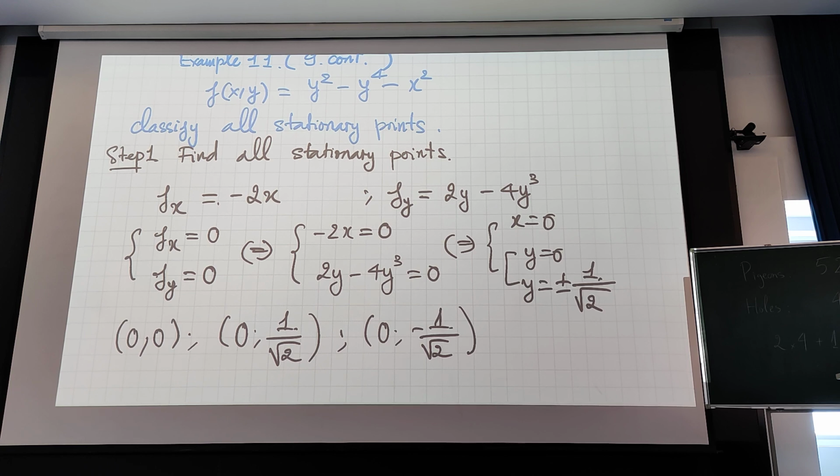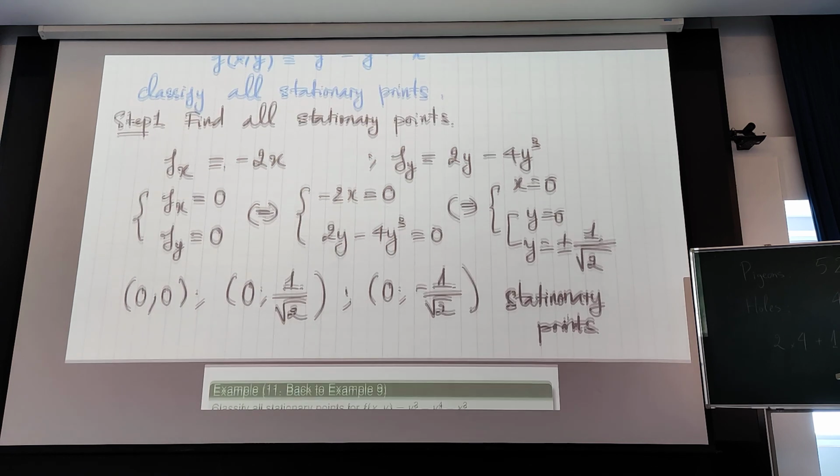So we have stationary points. That is the first step.